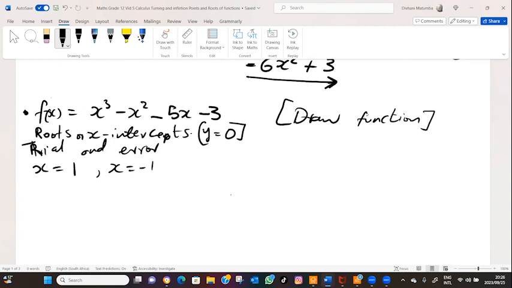So let's try to substitute. If we replace x by 1, we get 1 cubed minus 1 squared minus 5 times 1 minus 3. Let's see what this equals.